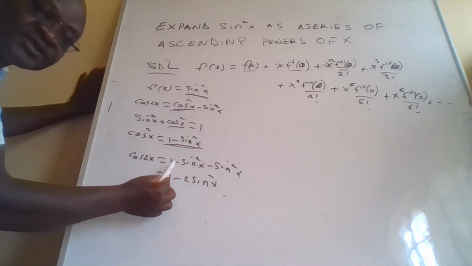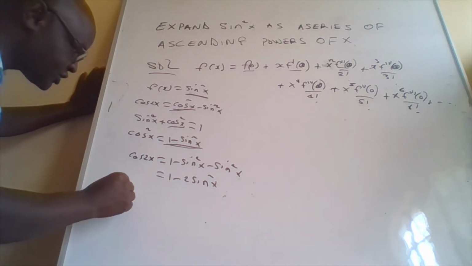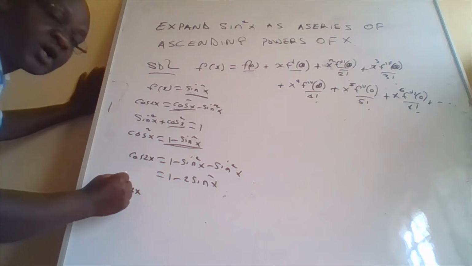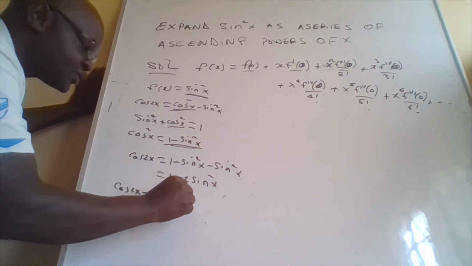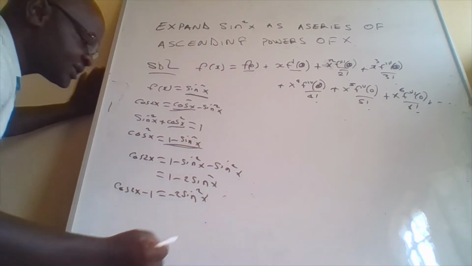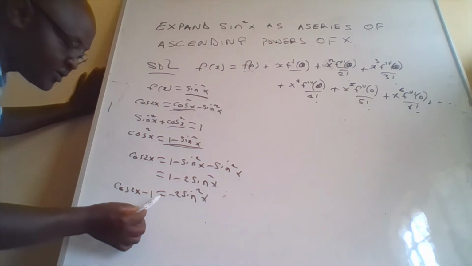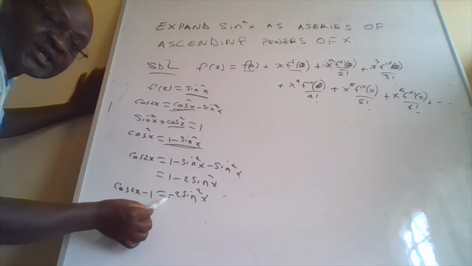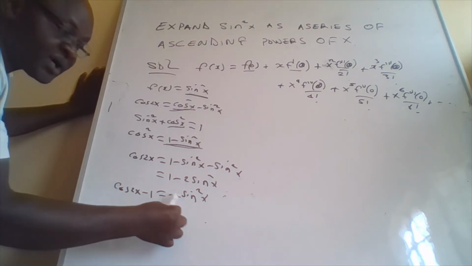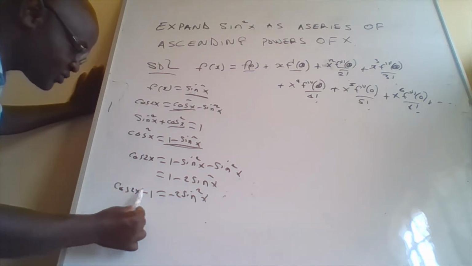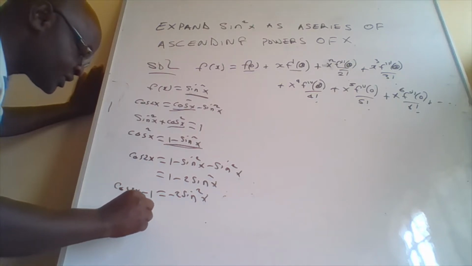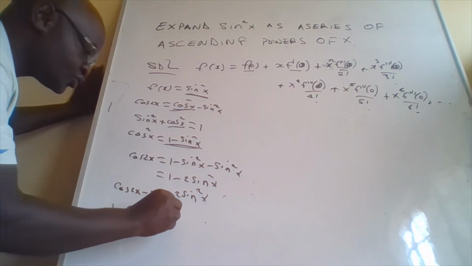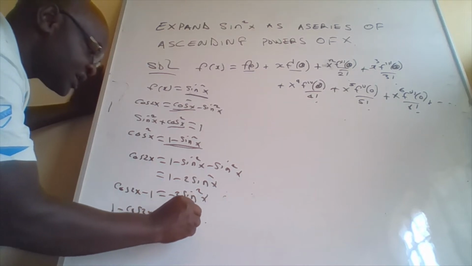Now I can rearrange this equation so that I have cos 2x, 1 comes on this side to be minus 1, equals minus 2 sine x squared. Now, to do away with this negative sign, I multiply through by negative 1. So this equation changes into 1 minus cos 2x equals 2 sine x squared.